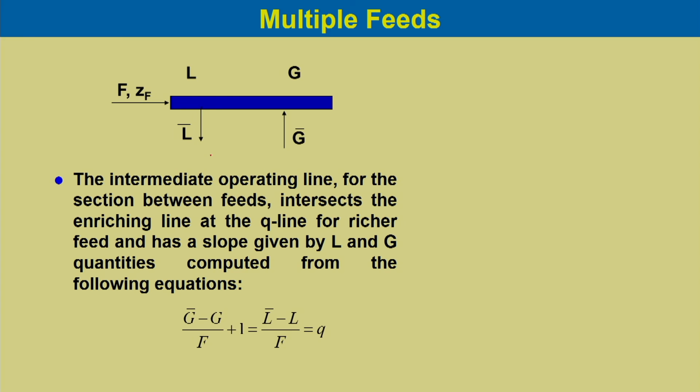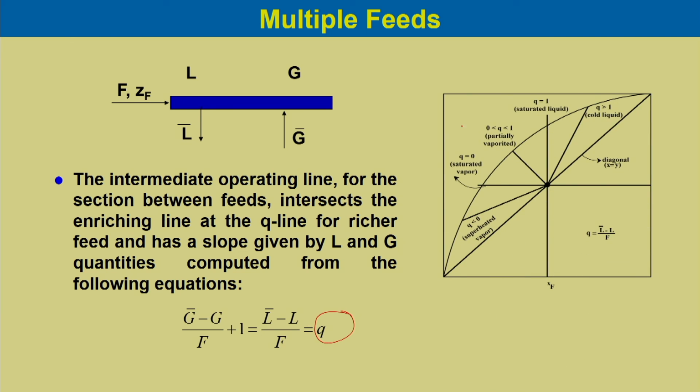So, you can see if we do the balance equation for the feed line, this is F ZF would be equal to what is entering into the feed tray. L is the top column liquid flow from the top section, and from the feed tray it is L bar, and going into the feed tray is G bar, and going out from the feed tray is G. So, like we did before, we can calculate the slope of the Q line, where Q would be equal to L bar minus L by F. So, these are the slopes for different Q values.